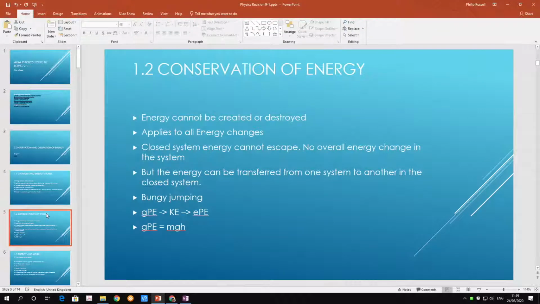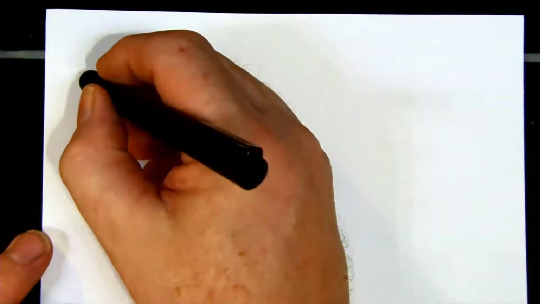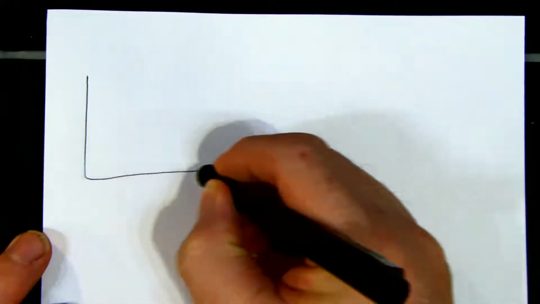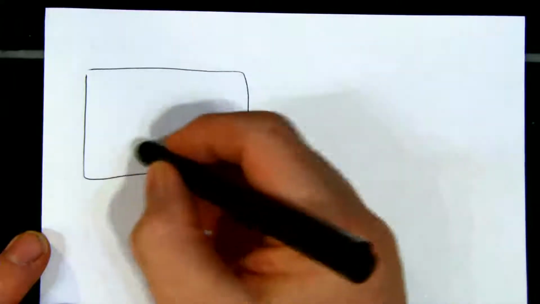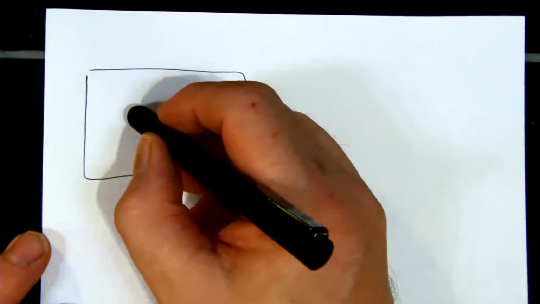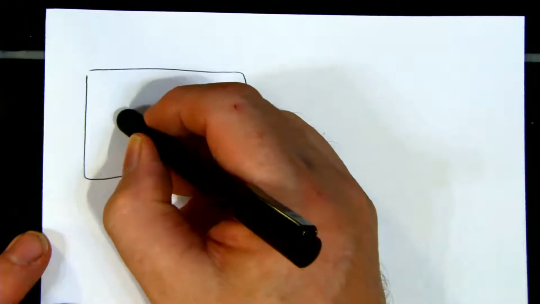Generally, if we've got a closed system, then things can't escape. If we have a look at a closed system, we'll put a box around it, and then try to change one sort of energy into another.